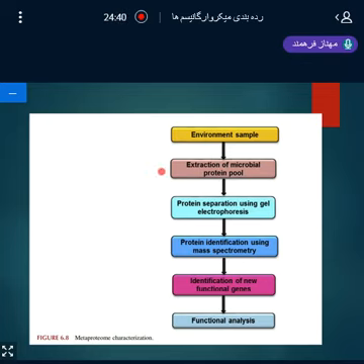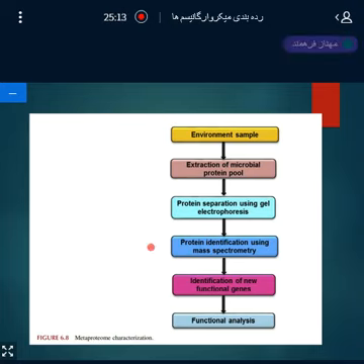The next step is extraction of the microbial protein pool. We must extract the proteins from bacterial cells, which is not very easy. The third step is protein separation using gel electrophoresis. As I told you, one-dimensional gel electrophoresis is a very good method for protein separation.